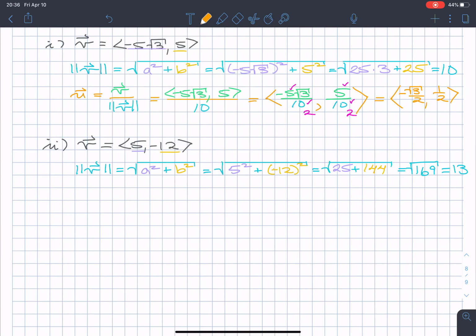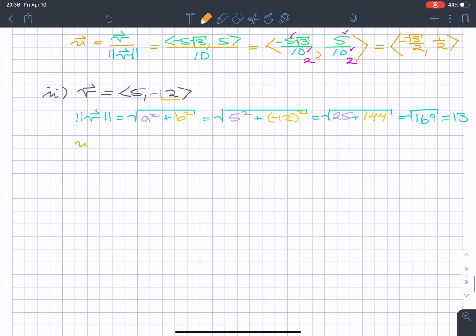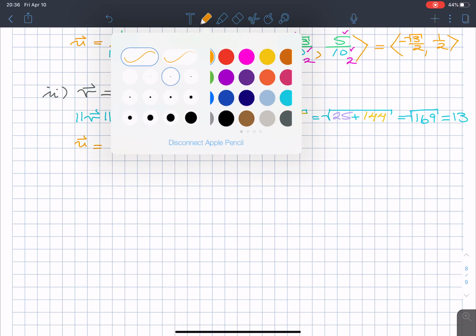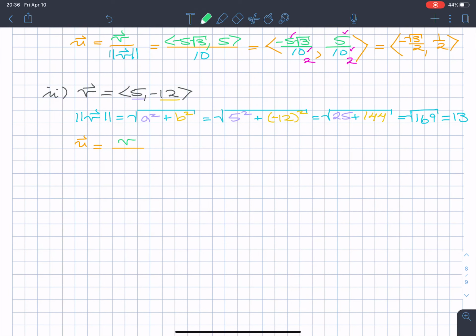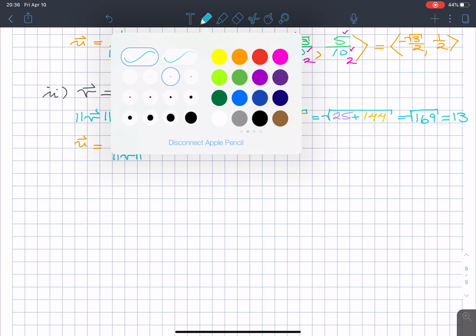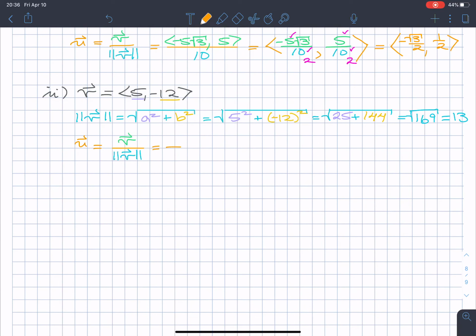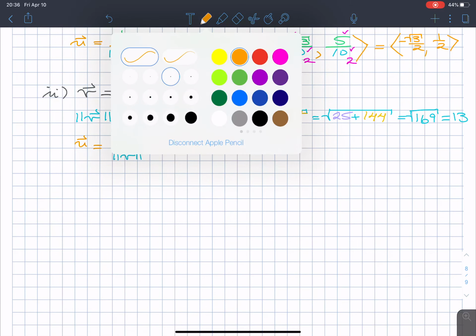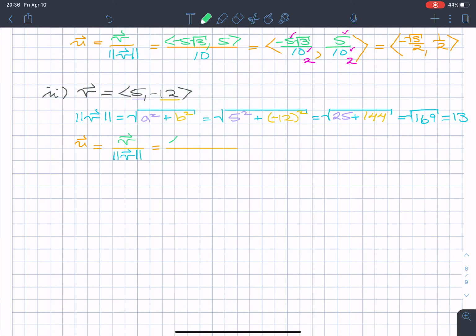So vector u is going to be vector v divided by the magnitude of vector v. So that gives us 5 comma negative 12 divided by 13.